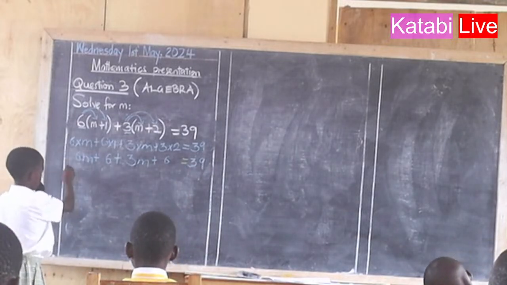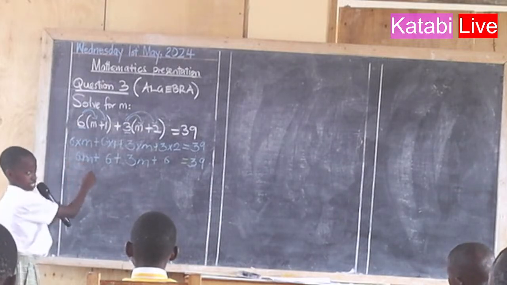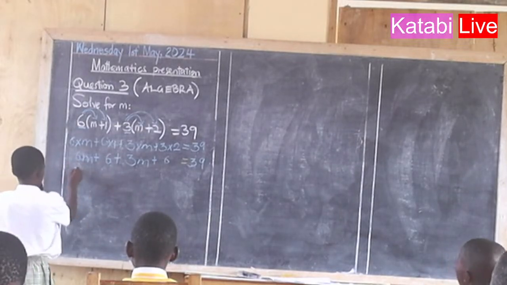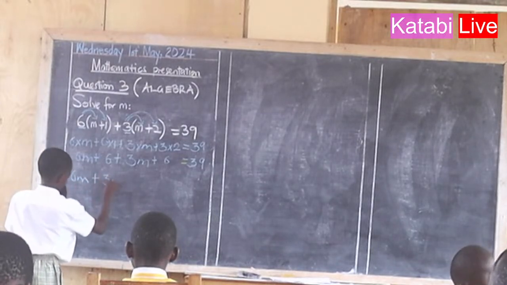Then, when we reach here, we collect like terms. Yes? 6m plus 3.